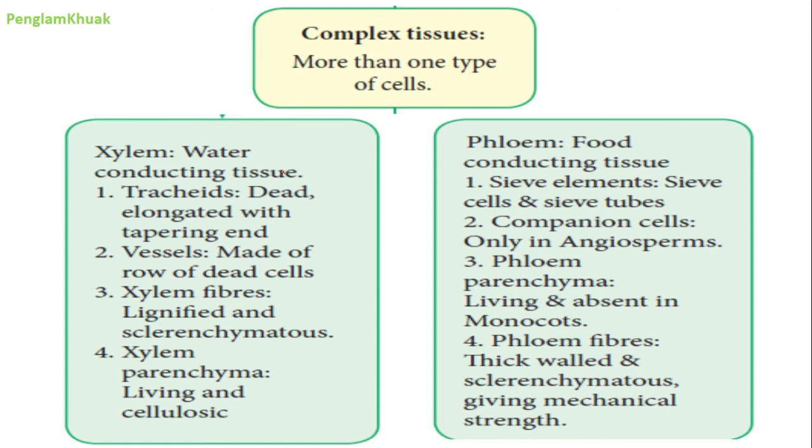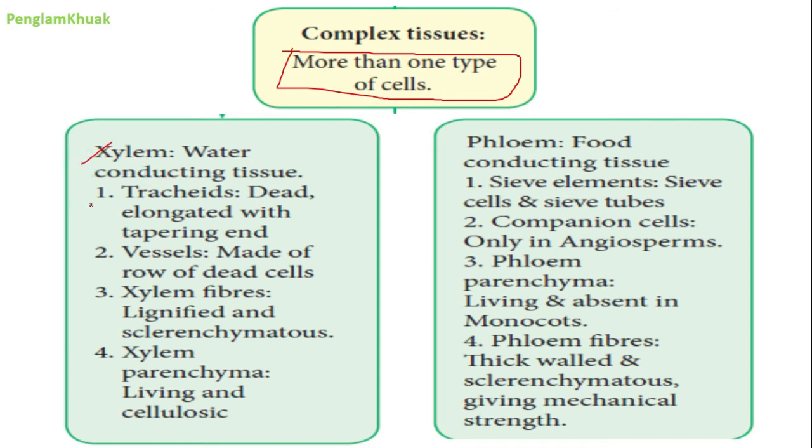So let's differentiate between xylem and phloem in a nutshell. Complex permanent tissue is of two types, as you already know, where the tissue has more than one type of cell. Number one, xylem, the water conducting tissue.